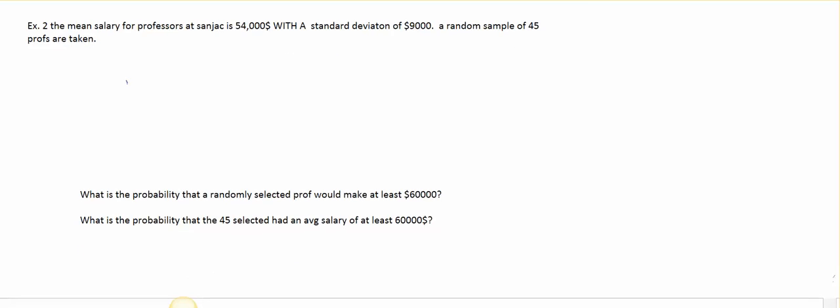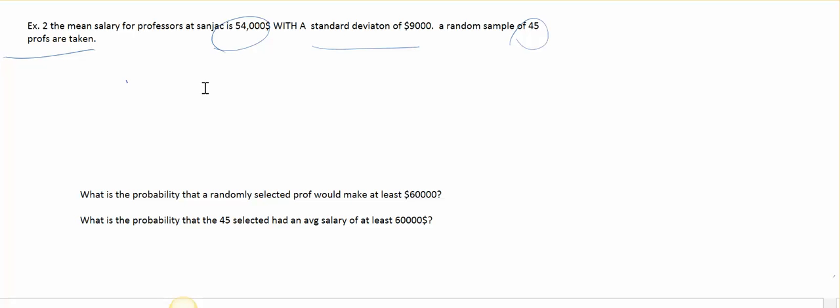For our second example, the mean of salaries for people at San Jacinto College is $54,000, and I made this up. I'm just feeling like living on the edge today. It has a standard deviation of 9 grand. We do a random sample of 45 professors. Can you apply the central limit theorem here?